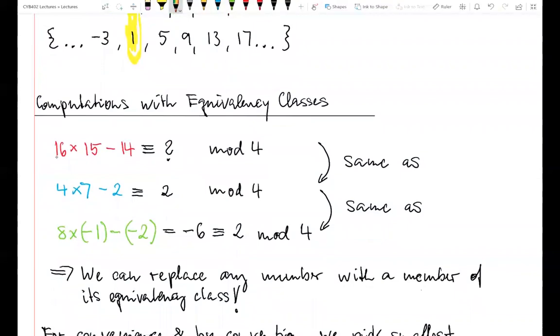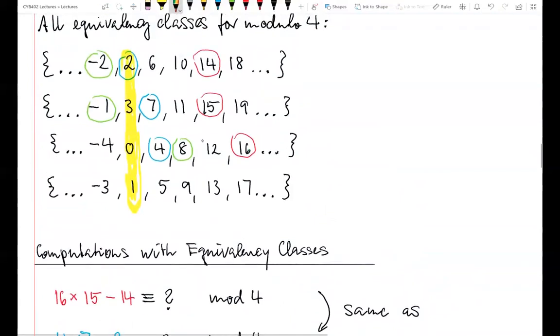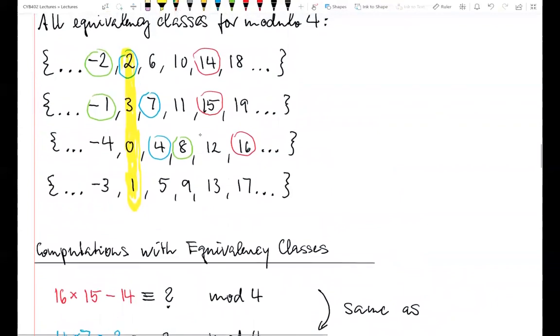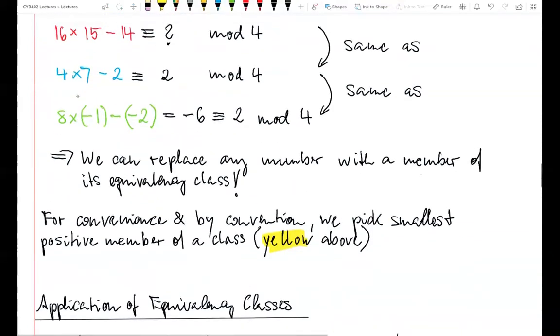So similarly, we may have chosen different numbers here. Instead of the 16, we may have chosen 8. And instead of 15, we may have chosen -1. And instead of 14, we may have chosen -2. And it would still yield the same result.